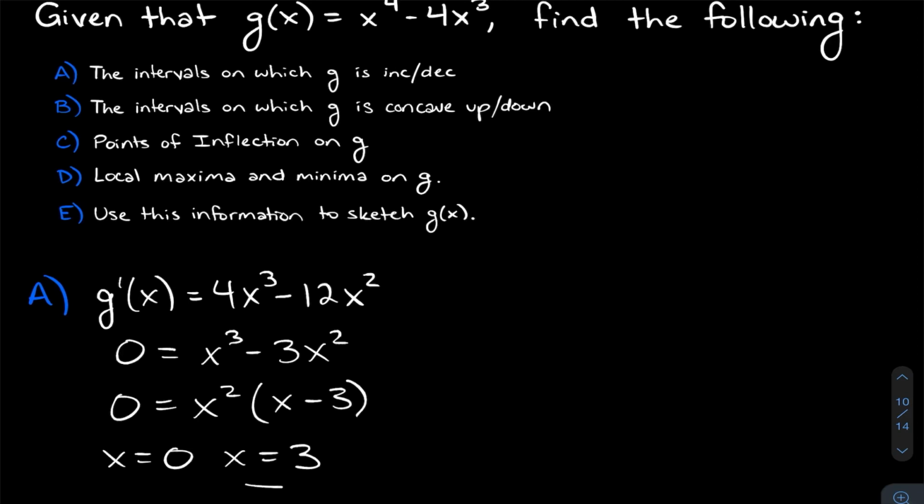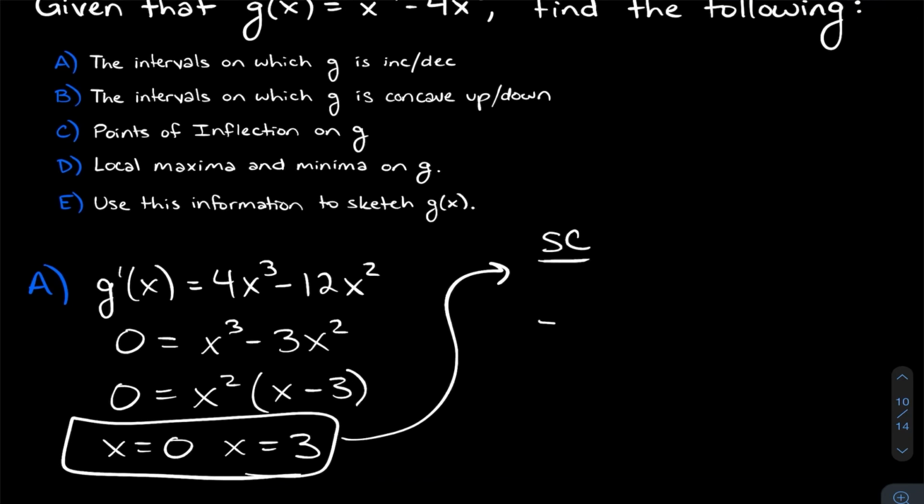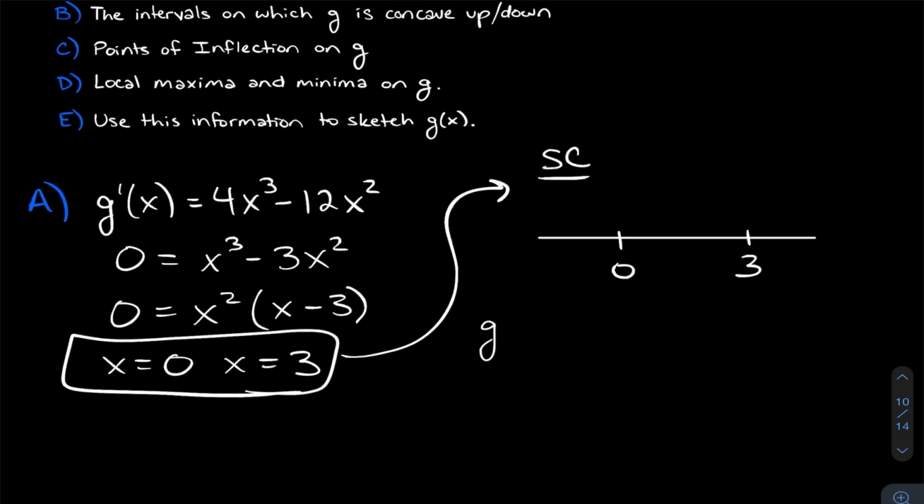So now that we have the critical numbers, we can plug them into a sign chart. We're writing our number line here. We got 0, we got 3. And we'll plug in, I think, -1, 1, and 4. Those will probably be good numbers to plug in here. So plugging in -1 into the derivative, right?